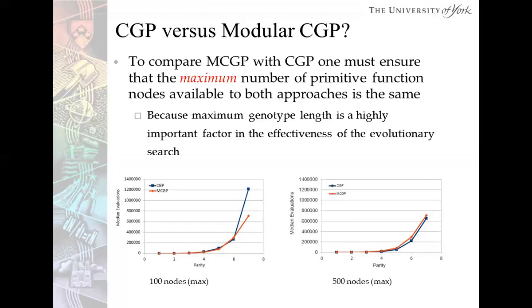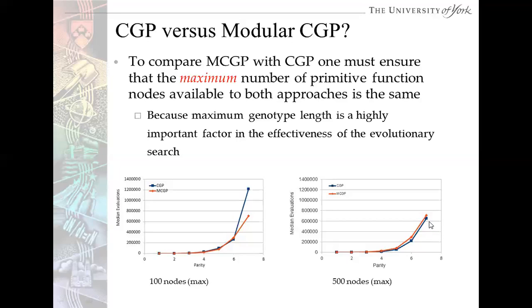When you only allow 100 nodes maximum, these are primitive nodes in CGP, or the sum of all the nodes used in modular CGP, you find that modular CGP starts to work better for hard parity problems. If you look on the other side, now we've increased the limit of nodes to 500 nodes, and you do the same comparison, you find that actually standard CGP works as well on this sequence of parity problems as modular CGP.